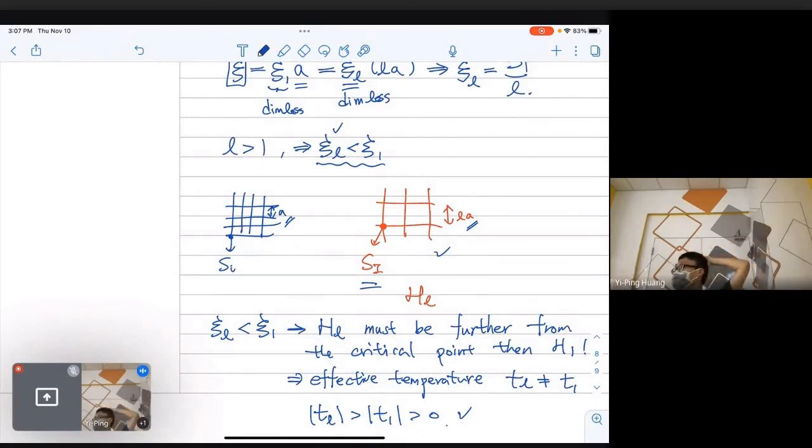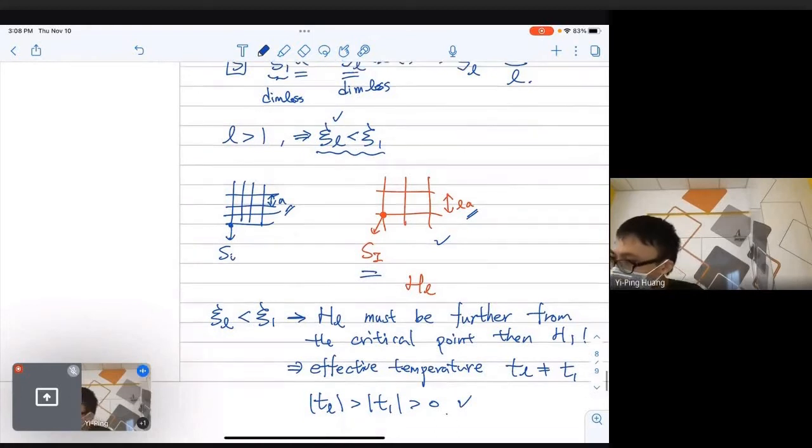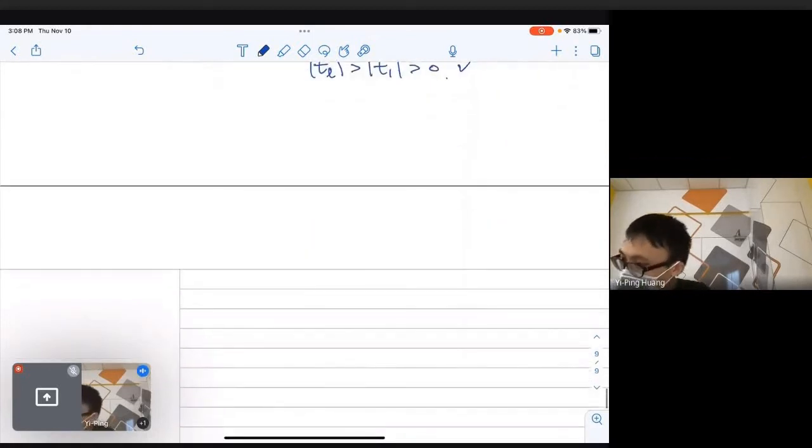It's just by assumption that we are studying a system where correlation length is still finite, and we are able to do this kind of coarse-graining. Okay, so that's basically the idea.